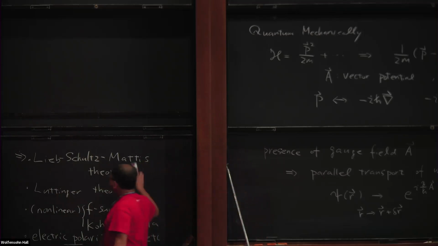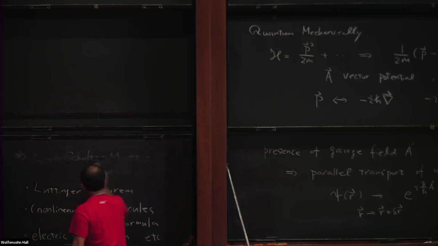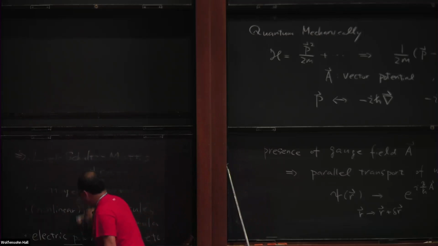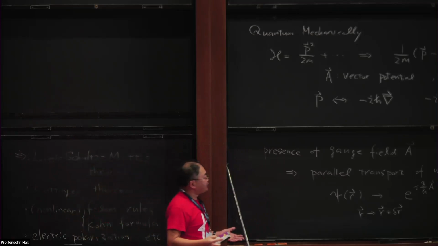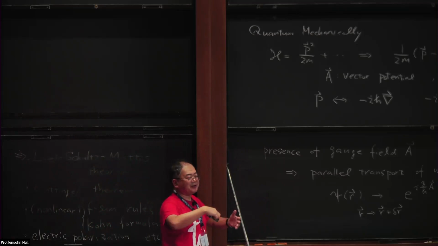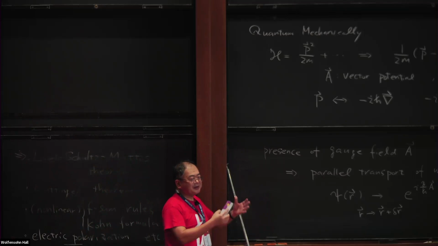So in other words, if you are living on this two-dimensional system surrounding magnetic flux, then you can never detect the unit flux quantum inside a hole.